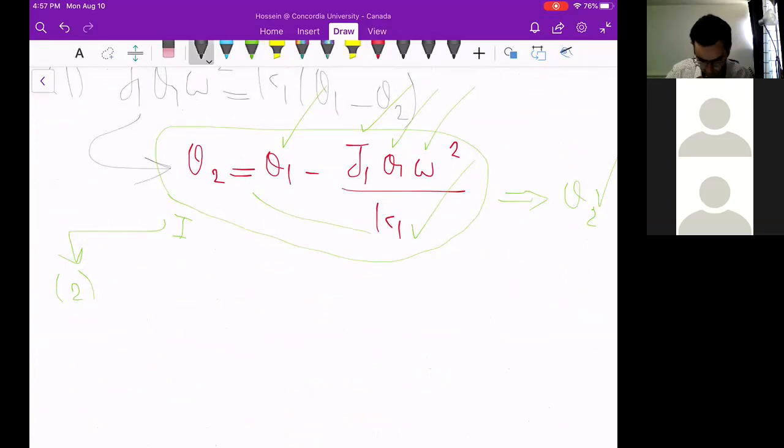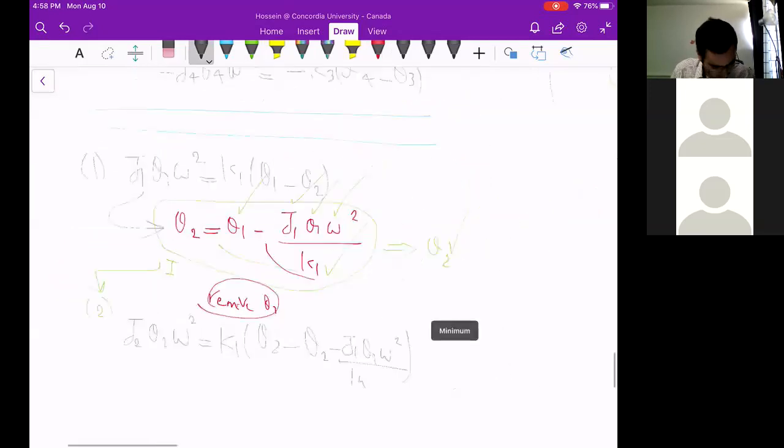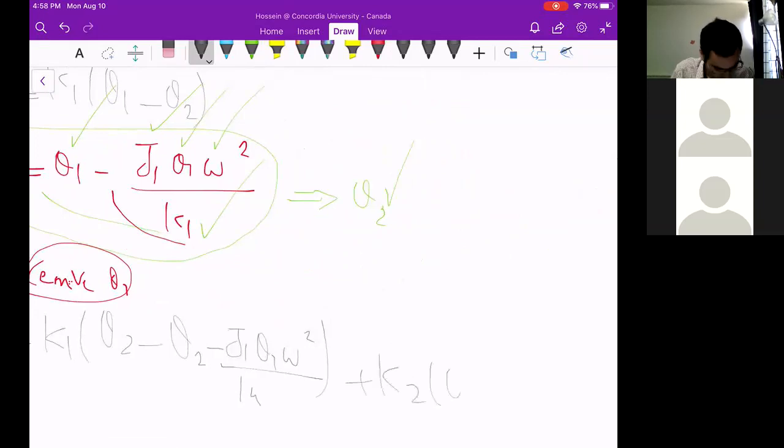Therefore, J2 theta 2 omega squared would be K1 theta 2 minus theta 1 plus K2 theta 2 minus theta 3.